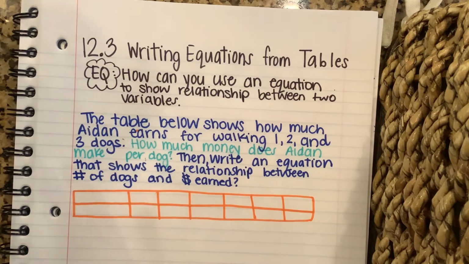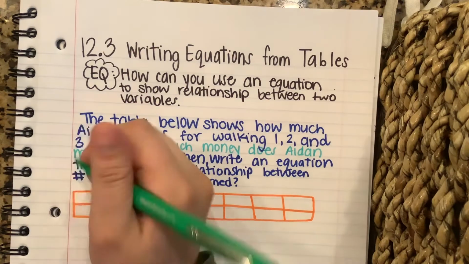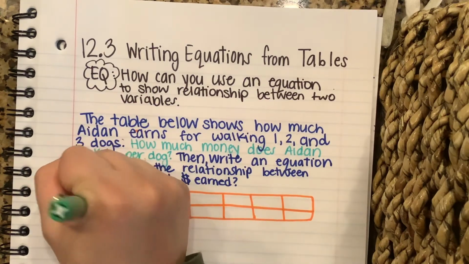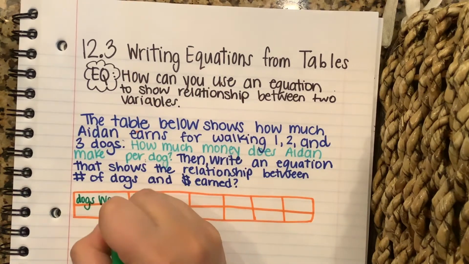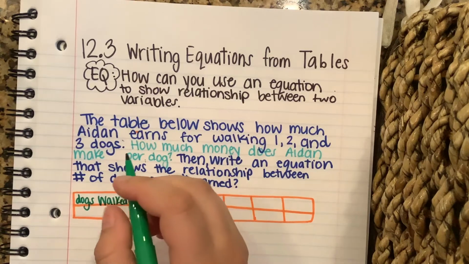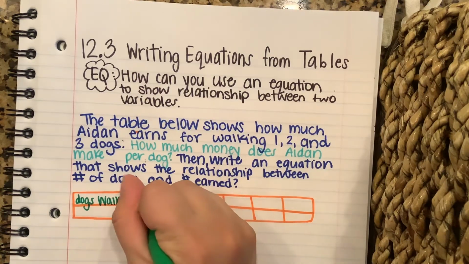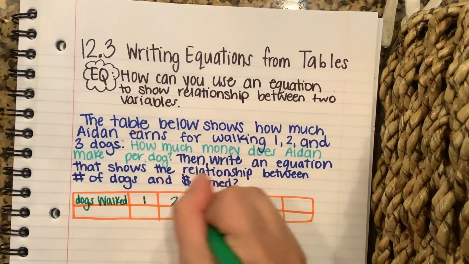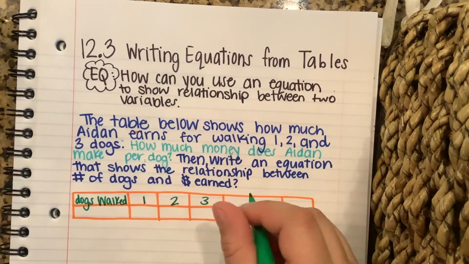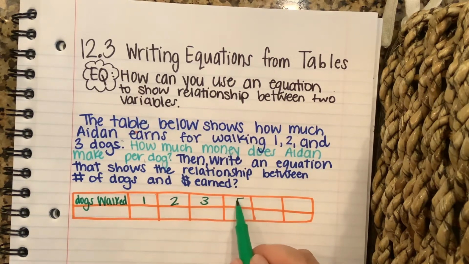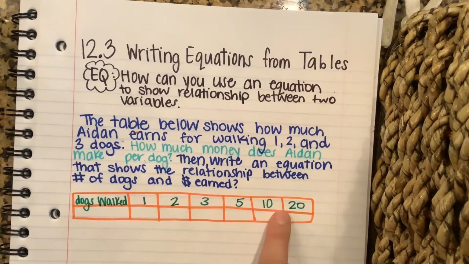So let's go ahead and fill in this chart. We've got dogs walked, and our givens are 1, 2, 3, and then 5, 10, and 20. Again, these are the numbers of dogs that Aiden walked.